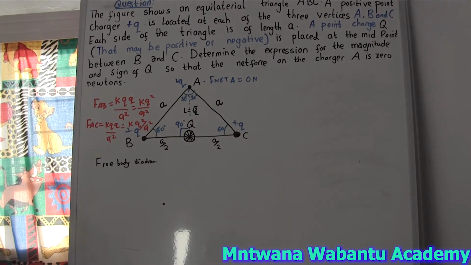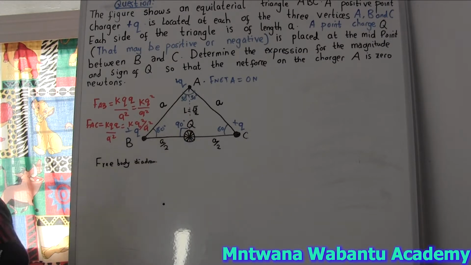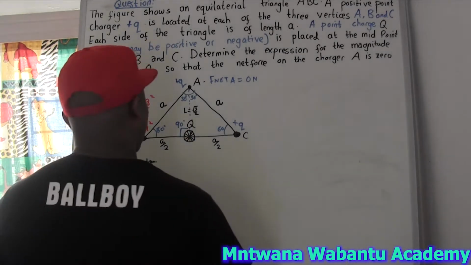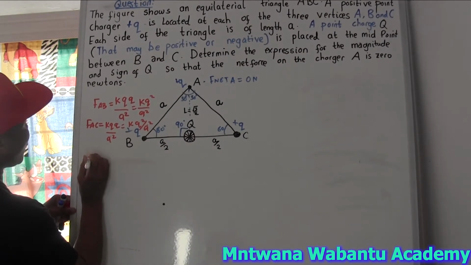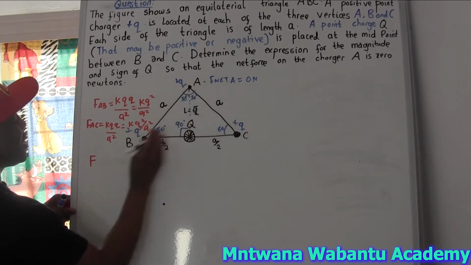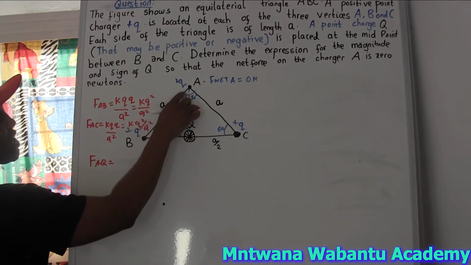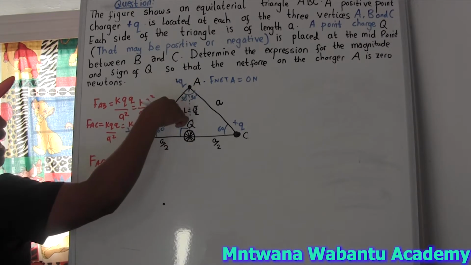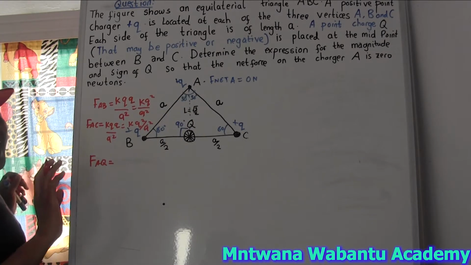Okay, so now we want to get the force, the repulsion or attraction, from A to Q. So before you draw the free body diagram, we say the force of AQ is going to be downwards, but for here we don't know which direction it is acting.